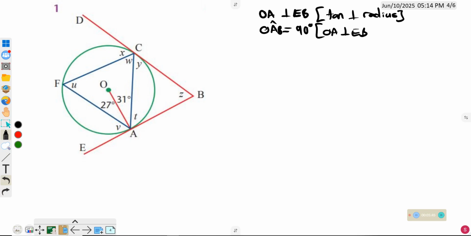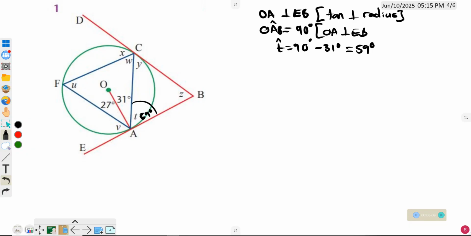Once we have that, angle T will be equal to 90 degrees minus 31 degrees. 90 minus 31 is 59, which is 59 degrees. So we have 59 degrees right here. What should we find next?